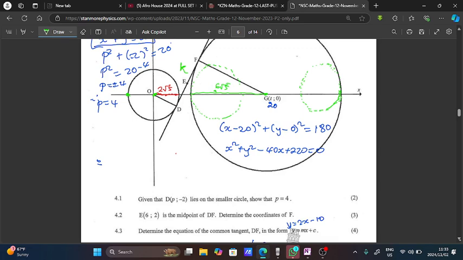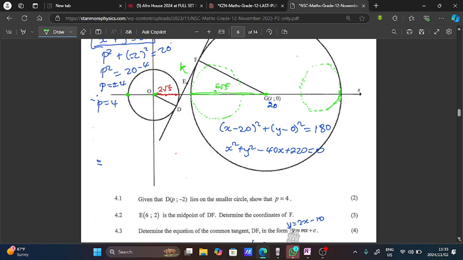If you look at this carefully, we know the units from the center up to this circle. You know how many units? 6 root 5.